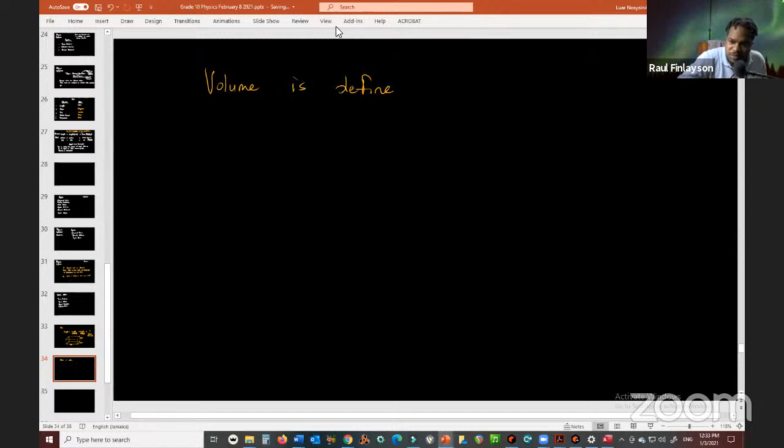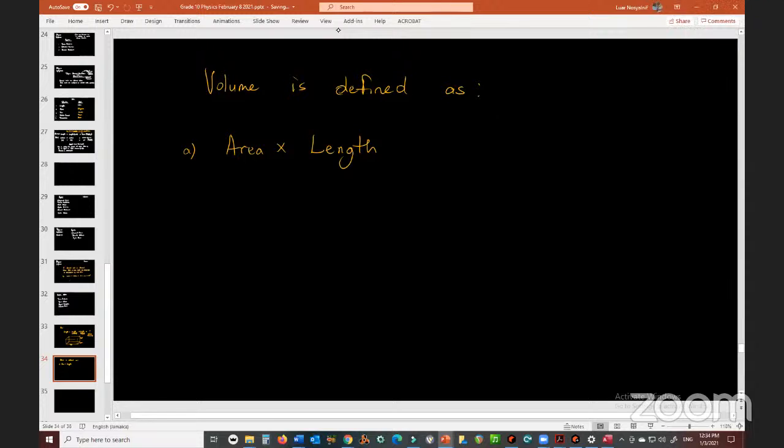What on earth is volume? All right, what is it defined as? You can have many definitions for volume, which you can say is area times length. But you've seen that? Yes, sir.